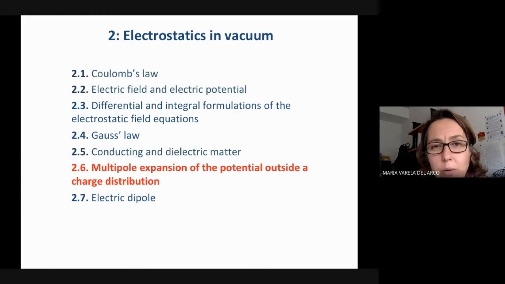It's only valid, again, when we are far away. And we will see in a moment why we do this. But more or less, I would say better how we do this.